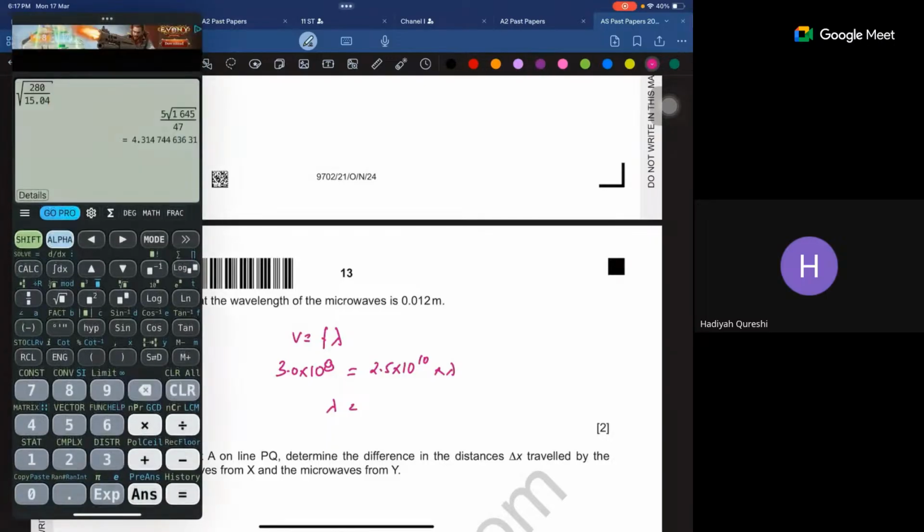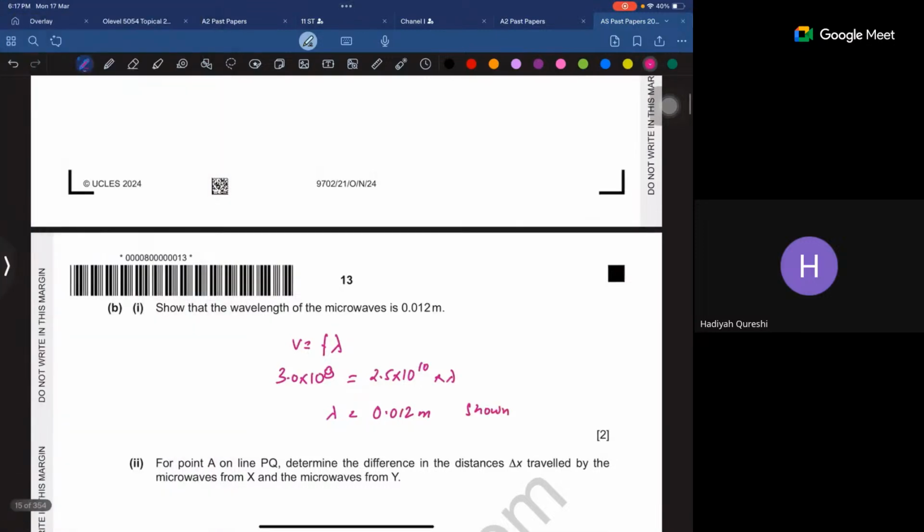So 3.0 times 10 to the power 8 divided by 2.5 times 10 to the power 10. Oh my goodness, I made a mistake. Sorry, a board mistake. This will be the answer, 0.012, shown.